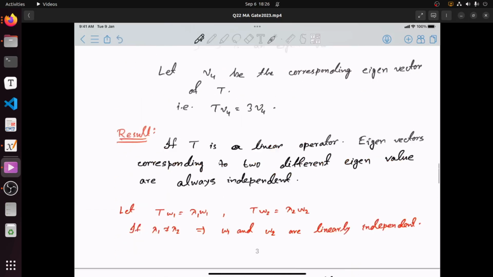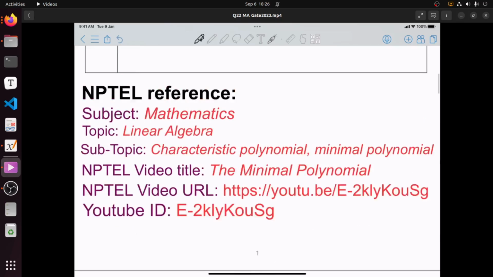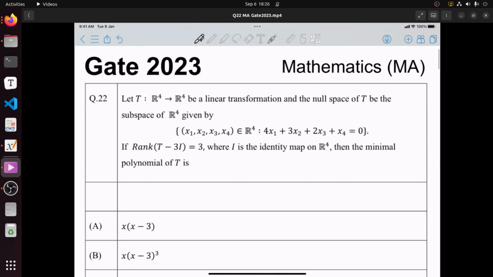So what do we have to find? We have to find the minimal polynomial, right?